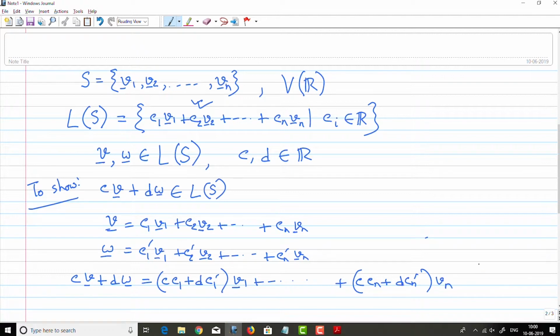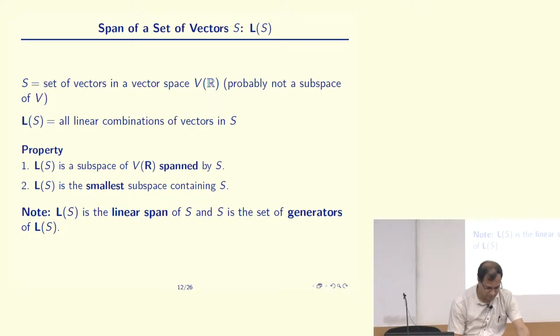This is a linear combination of those vectors v1, v2, ..., vn, right? So this belongs to L(S). So this proves that this is a subspace. Simple, but you have to just write it down.